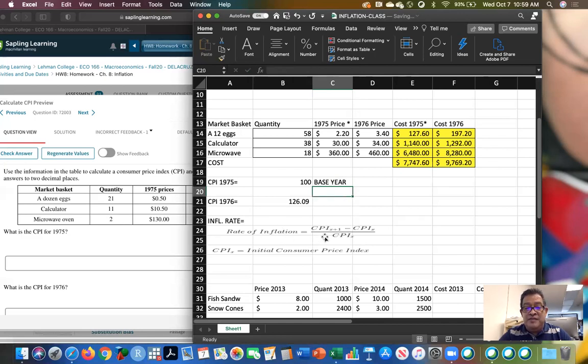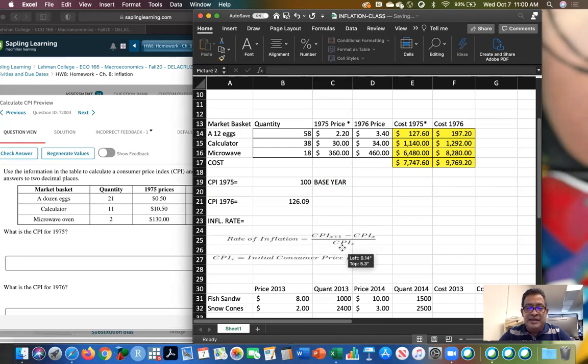The rate of inflation tells me to subtract the previous CPI from the new CPI and divide by the previous CPI. In this case, this formula looks very much like the growth rate that we also analyzed in this class. So here, I'm going to follow this formula.